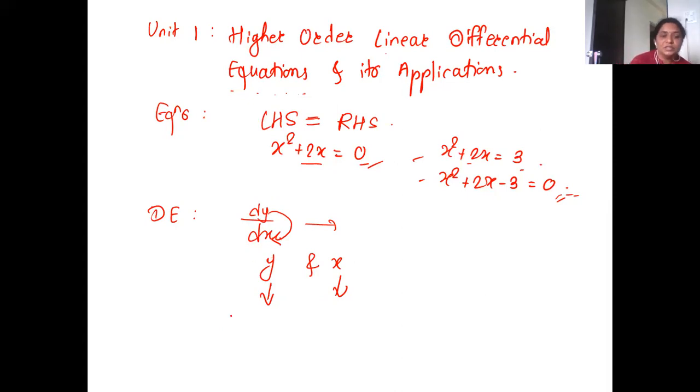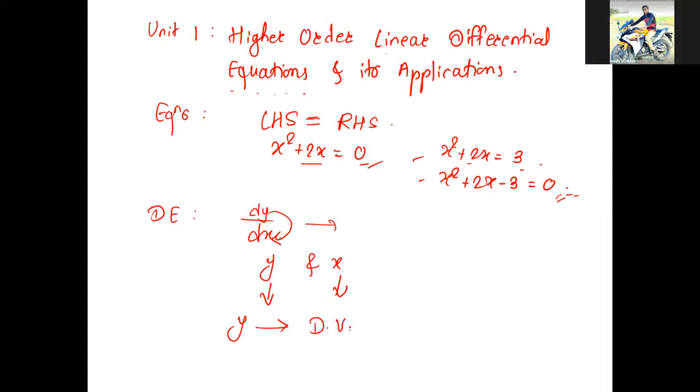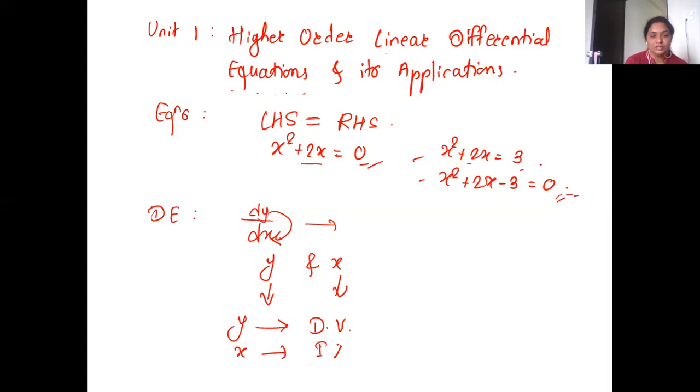So y depends on x, so y is the dependent variable, and x is independent. So whenever the equation has a derivative term in it, it is called a differential equation. It can be anything, dy by dx or d2y by dx square.